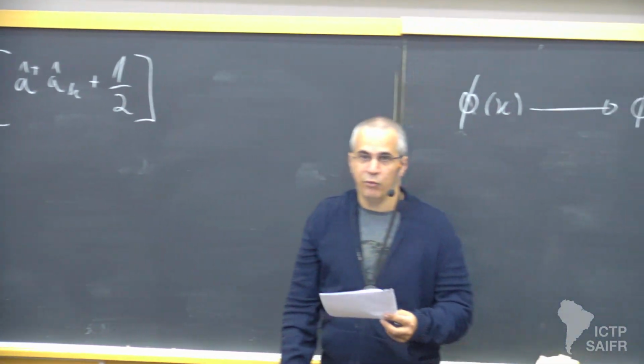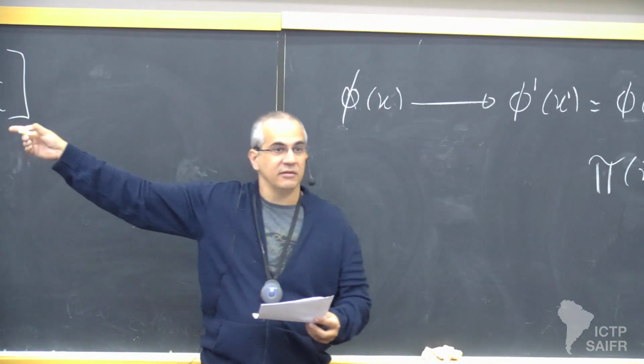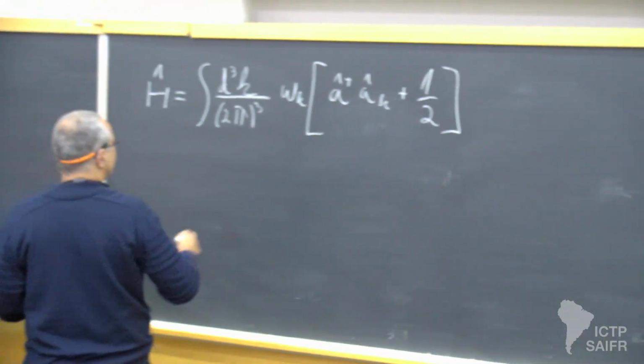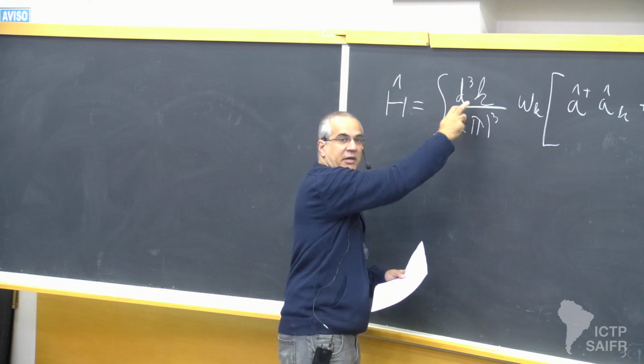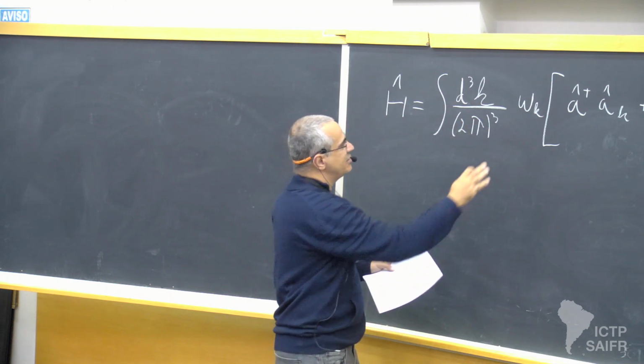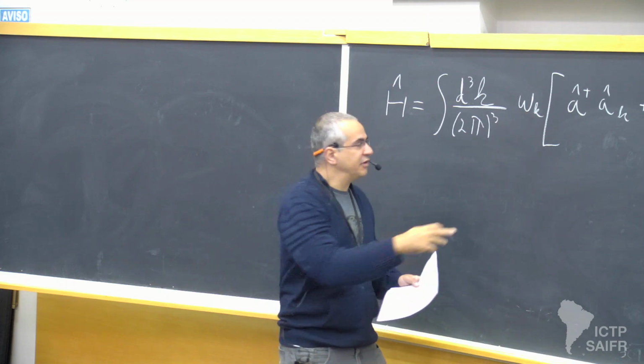Why do I need tricks? Because of this, right? If you look at this, you can always think of putting this guy in a box. This integral becomes a sum in momenta, and the momenta become discrete inside the box. So I'm summing over many harmonic oscillators with different frequencies.